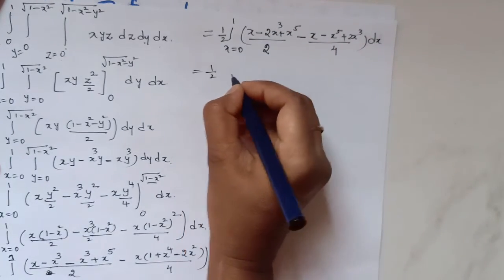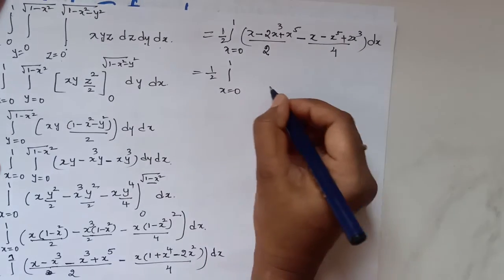This is equal to 1 by 2 into integral x is equal to 0 to 1.